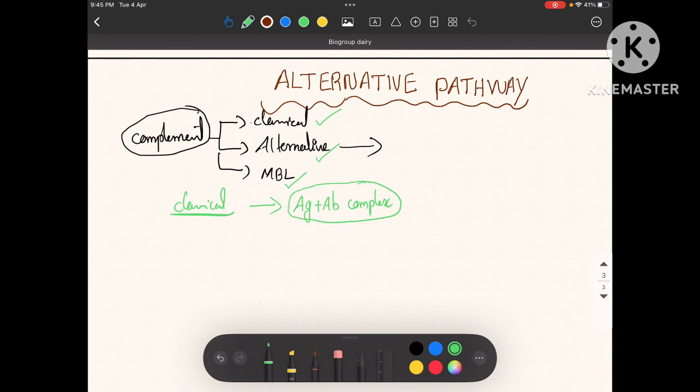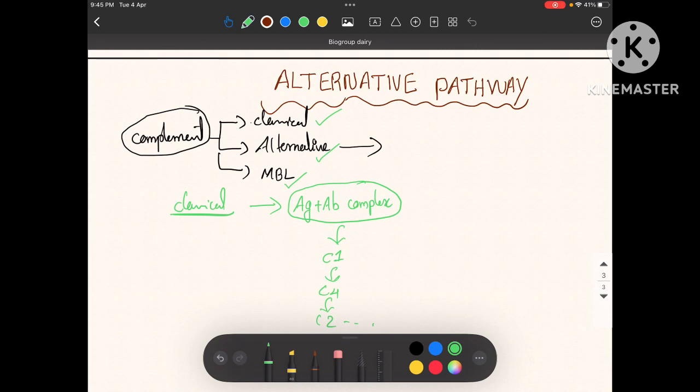Once this complex is formed, it can further activate the components: first C1 will come, then C4 gets activated, then C2 gets activated. So there is an order in the classical pathway. This antigen antibody complex initiates the classical pathway.